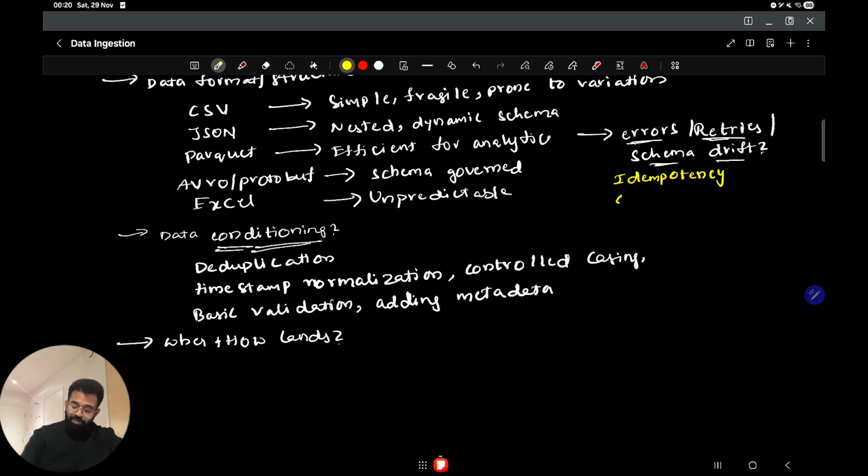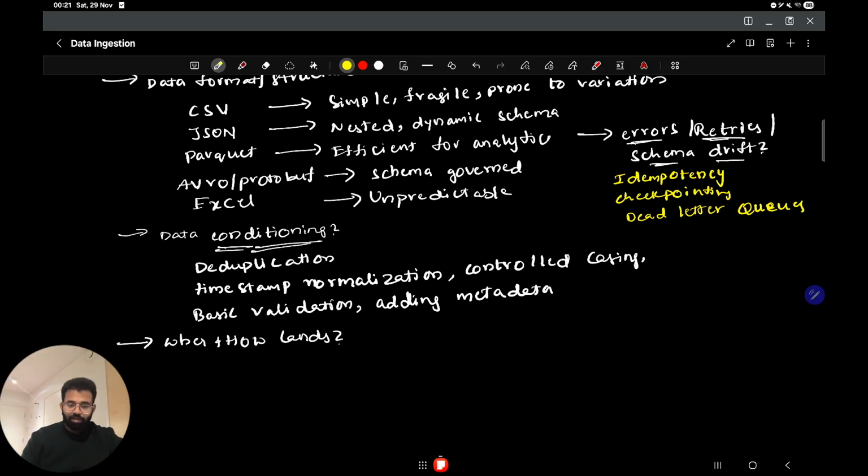So idempotency and checkpointing, and dead letter queues. Don't worry if you don't know what dead letter queues or checkpointing mean. We'll of course understand all of them.